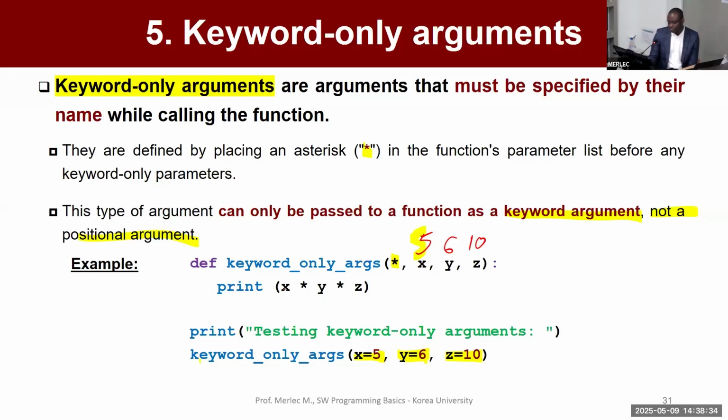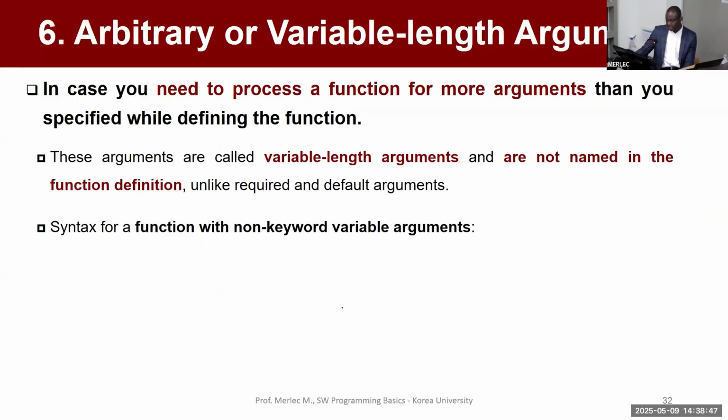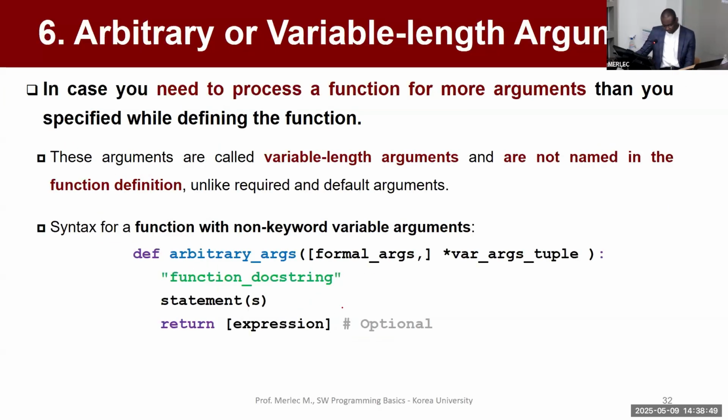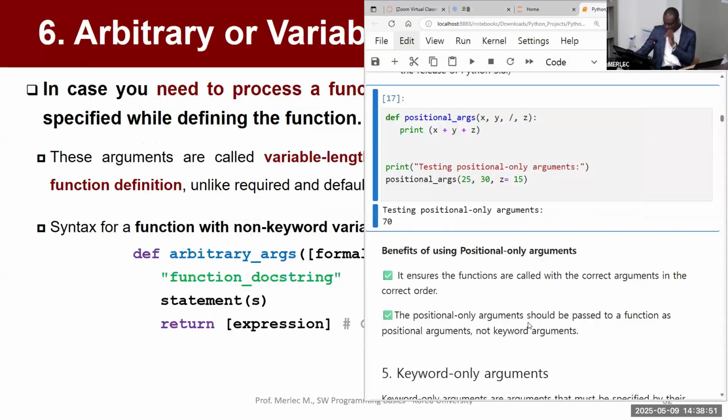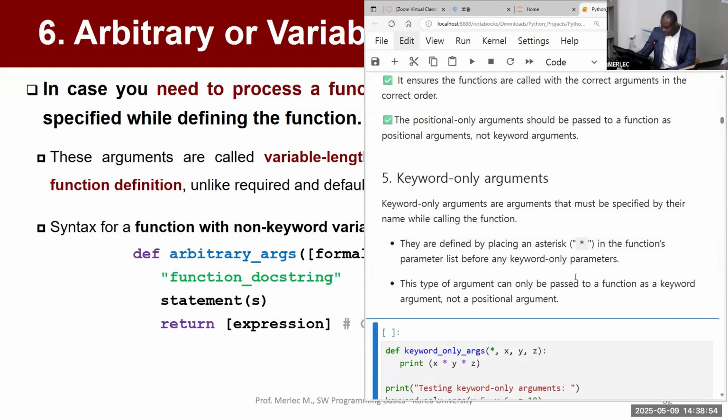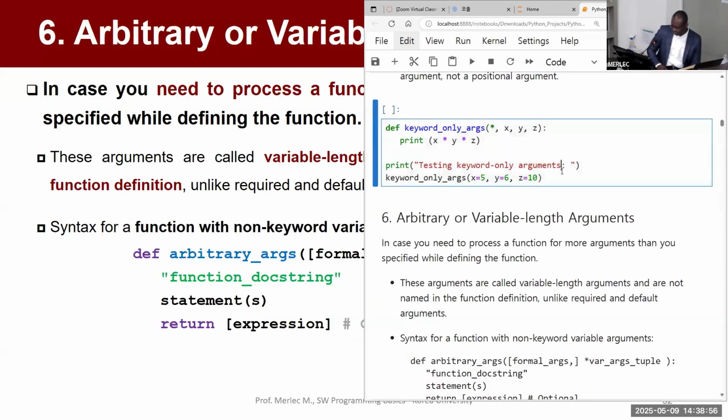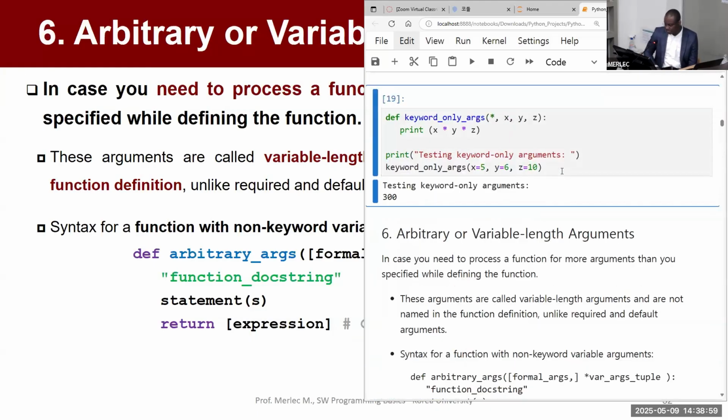Then I will produce the result of 5 multiplied by 6 multiplied by 10. That will be the result that will be sent by the function. So let me see how the result will be shown for this function. When I run this script, you will see the product of x multiplied by y and z will give us 300. For 5 multiplied by 6 by 10, it will give 300.